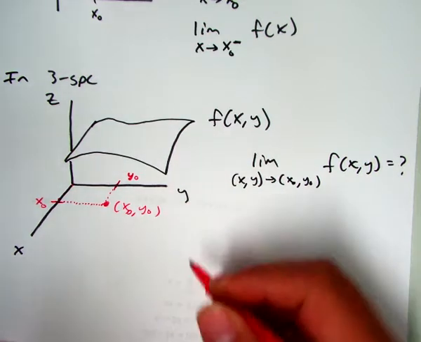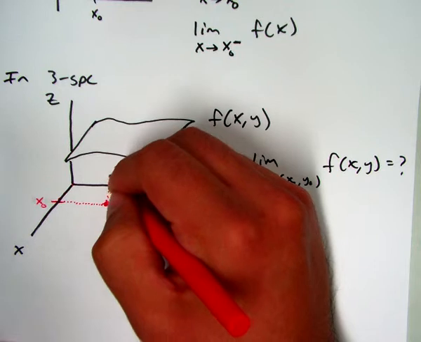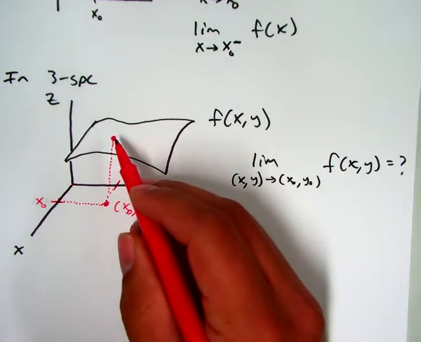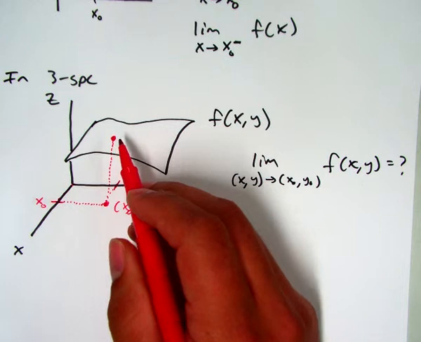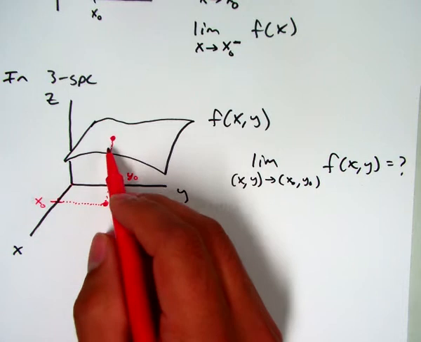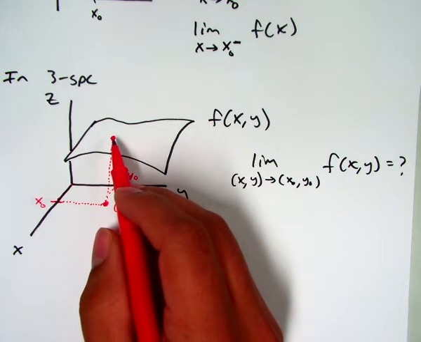And then I would try to figure out if there's a value there or if we're approaching that value from every direction. The problem is, how many directions can we approach this point from? Infinite directions.